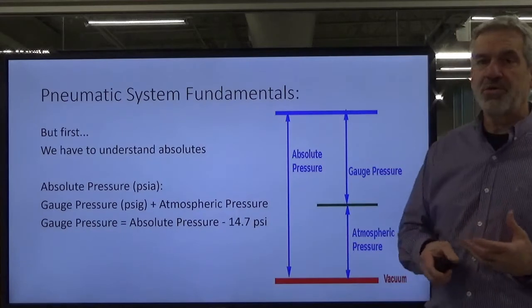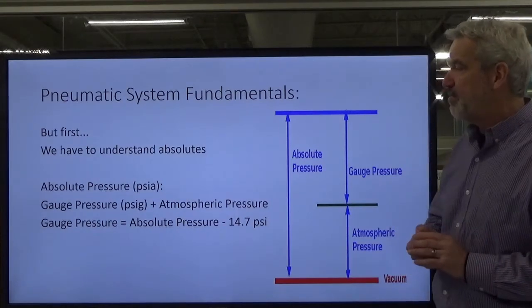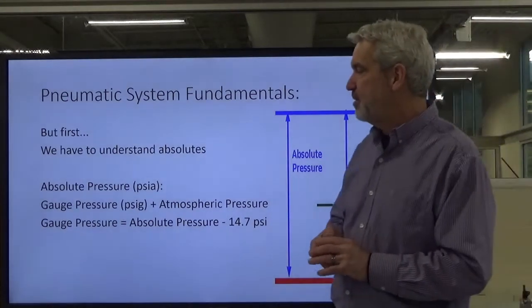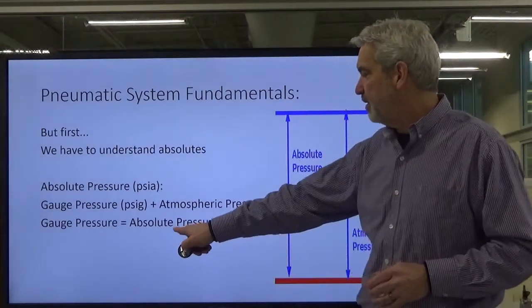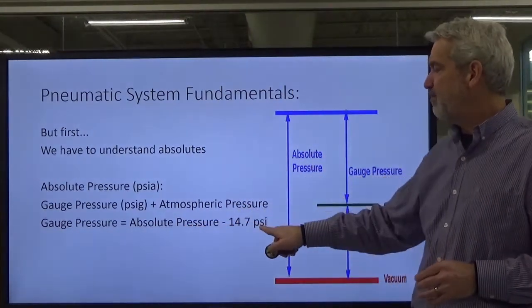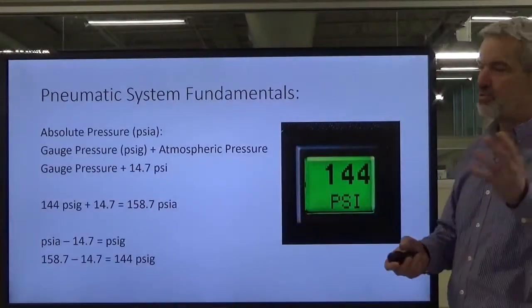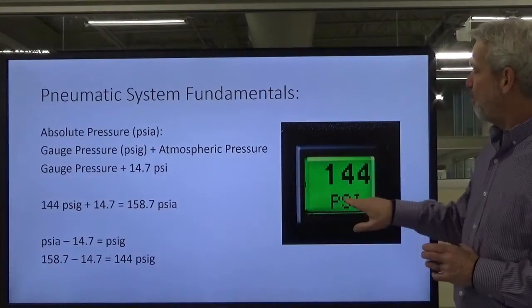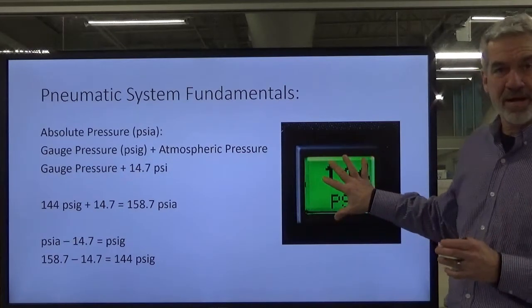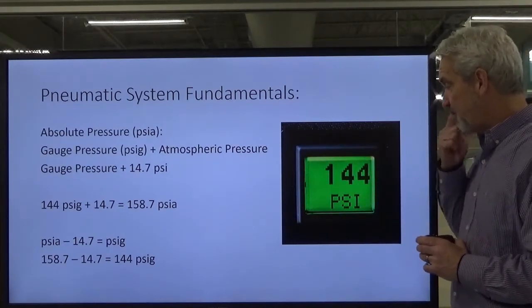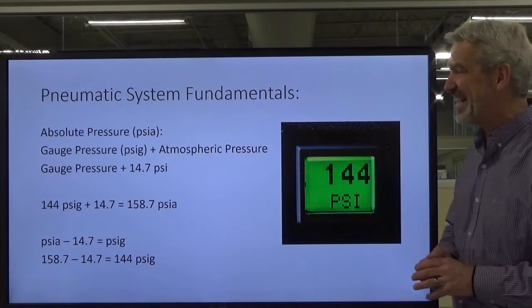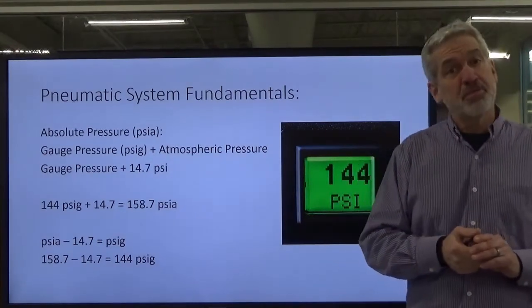Okay. Now, in order to convert our absolute back to gauge, all we have to do is take our absolute pressure, subtract the 14.7, and we wind up with our gauge pressure. Okay, easy way to convert it. Here's one more example. We've got 144 psi on our gauge on our panel. Our machine says we're running a system pressure of 144 psi. All right, what would the absolute pressure be for that?